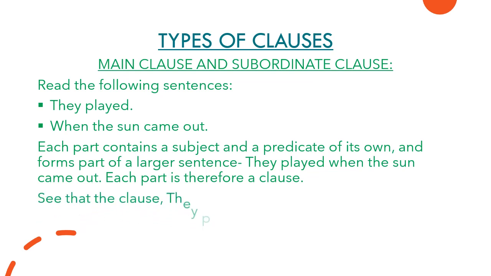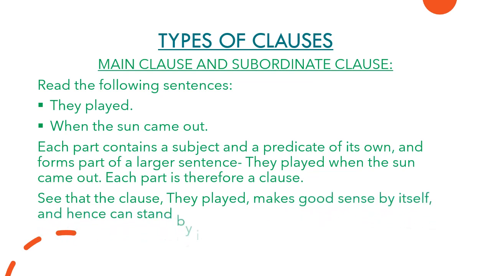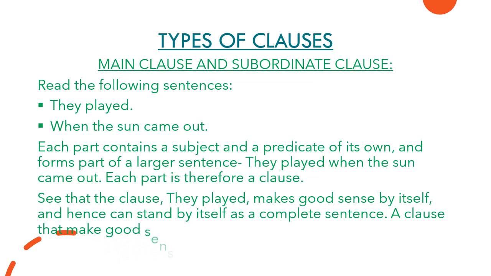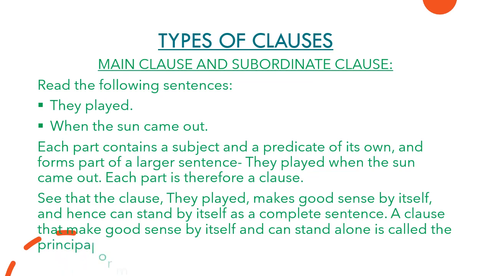See that the clause they played makes good sense by itself and hence can stand by itself as a complete sentence. A clause that makes good sense by itself and can stand alone is called the principal or the main clause. So what are they saying here?